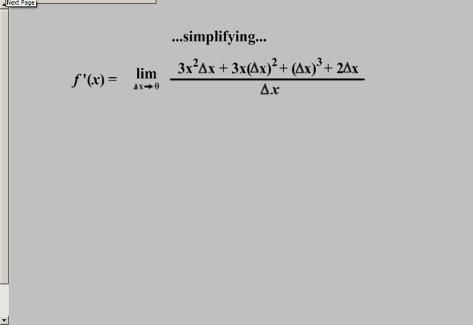Now, obviously, the thing that we're watching out for after that expansion and simplification is the possibility that we may be able to cancel out a delta x so that the limit may help us out of a little bit of a jam here.